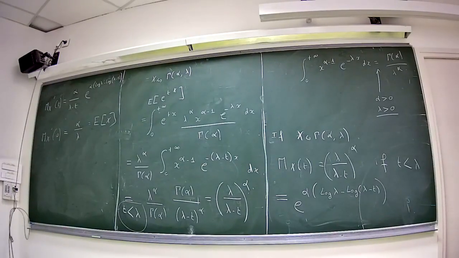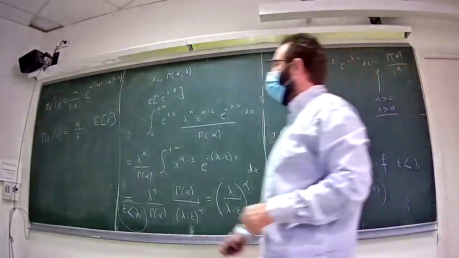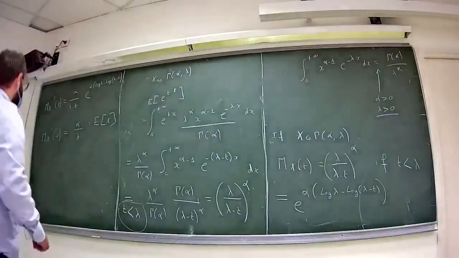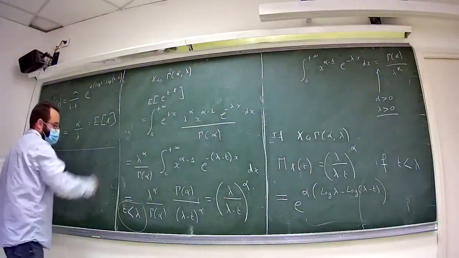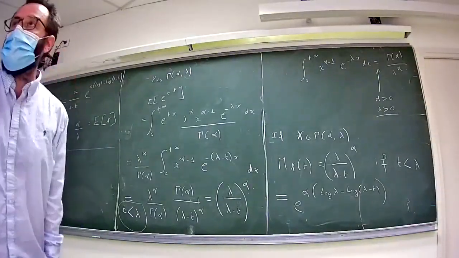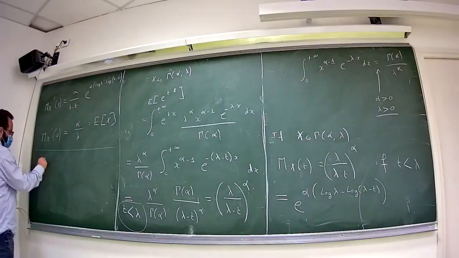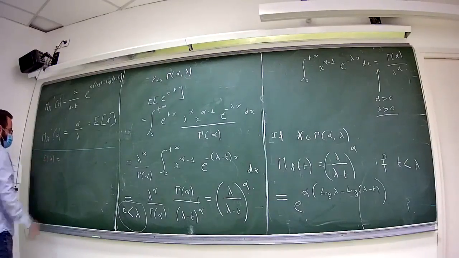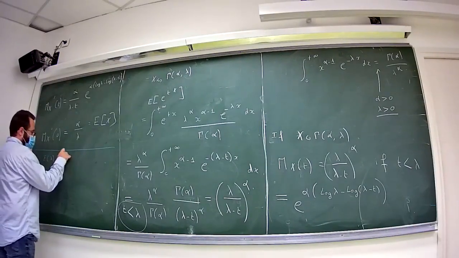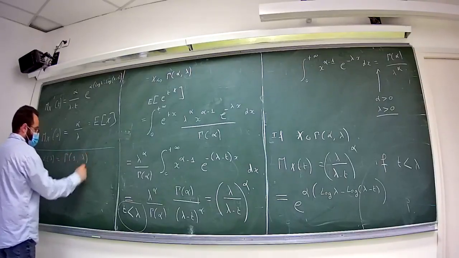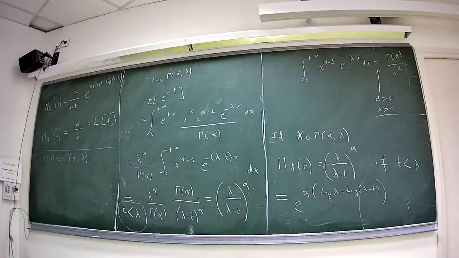Last example. I have done the job for a gamma. According to what I have done in exercise 5, I know that an exponential of parameter lambda is just a particular case of a gamma: gamma 1 lambda.